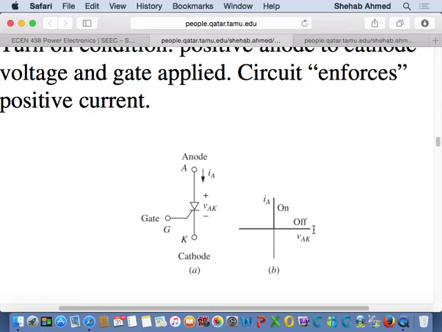In a diode case, if VAK is positive, that means that the current will flow. But in an SCR, even if VAK is positive and you've not provided the gate current, it will still be off. As soon as you provide the gate signal, it will turn on.